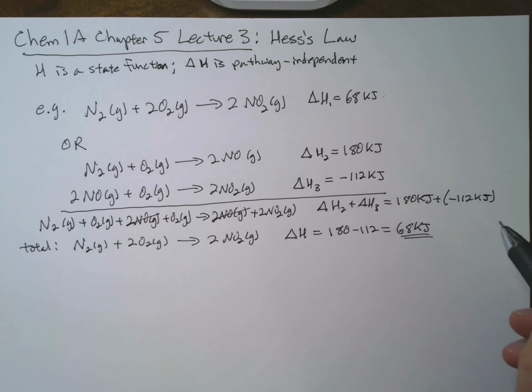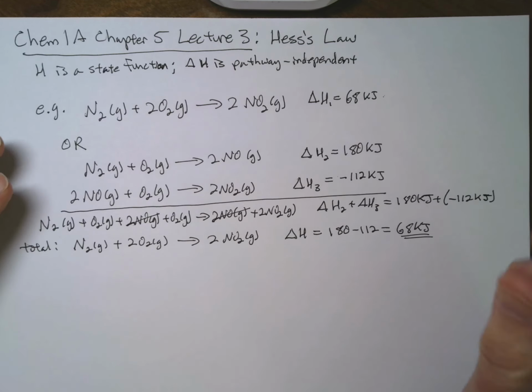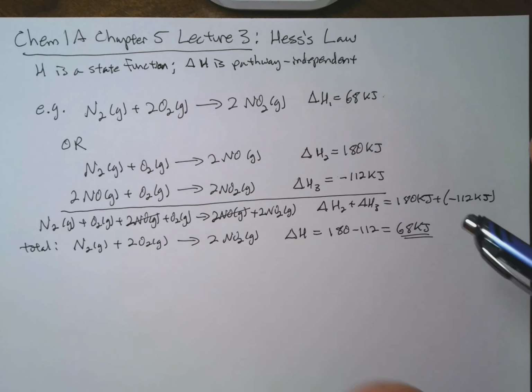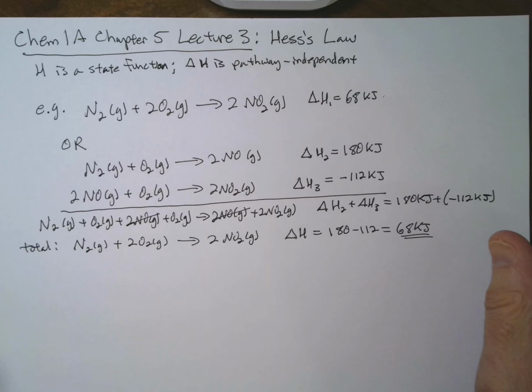Okay, so if for example we have a reaction that is maybe difficult to measure in a calorimeter, but we have two steps that maybe are individually easier to measure, we can go ahead and measure things that way. And I'll do an example in just a minute.